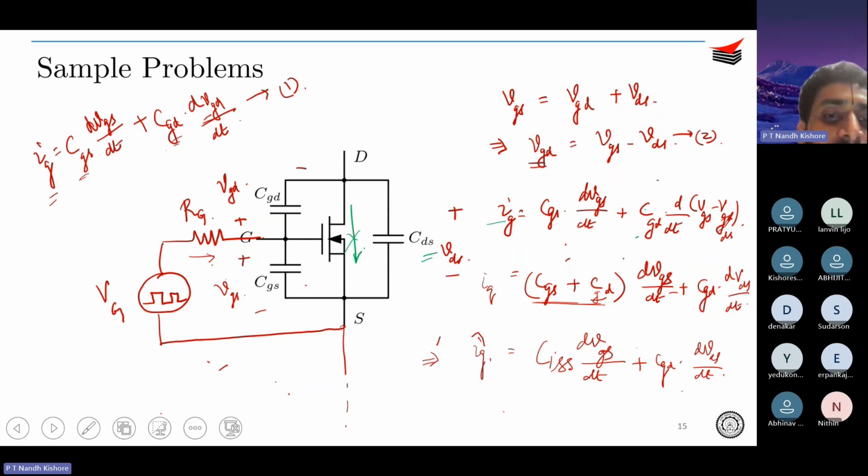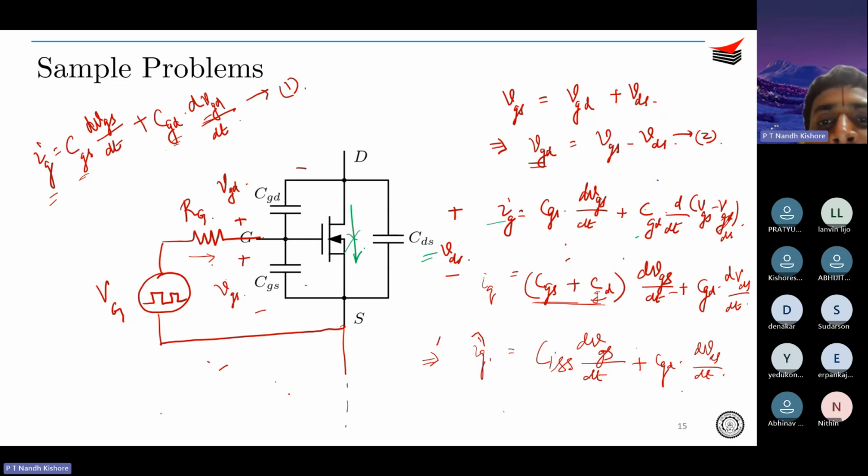You just try to understand what we have done. So what I did was I connected a voltage source over here, and then I have a gate resistance called RG, and then we have these two capacitors CGS and CGD. I just applied KCL at this node. So IG is equal to CGS into dVGS by dt plus CGD into dVGD by dt. Okay, this was one equation.